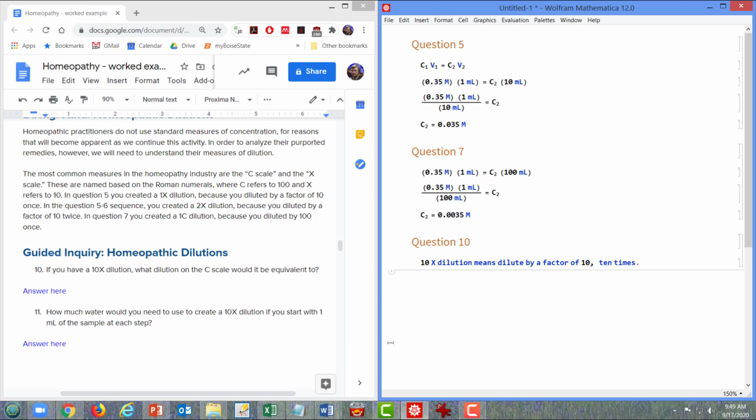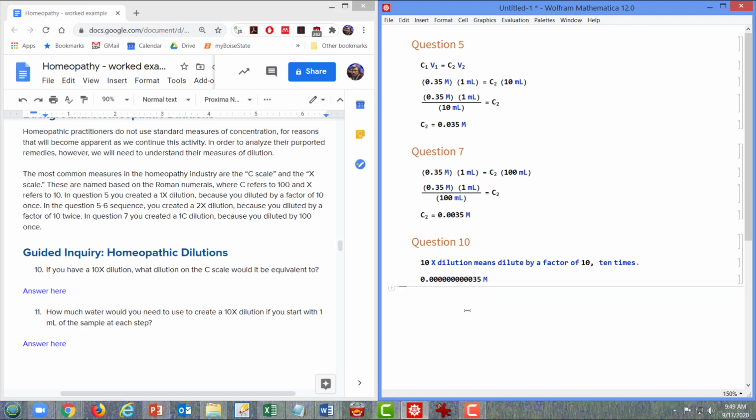Now, each time we dilute by a factor of 10, we move the decimal point 1 over. So just to pick an example, let's take the example we had before. And just so we can visualize what's going on, if we do a 1x, we add a 0. 2x, 3x, 4x, 5x, 6x, 7x, 8x, 9x, 10x.